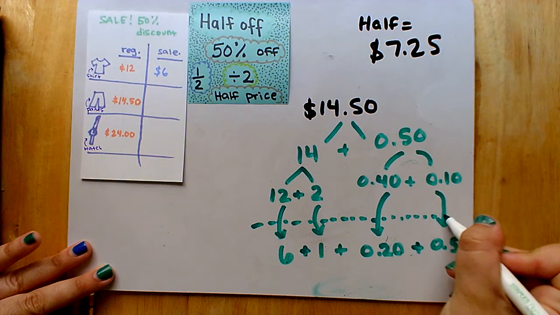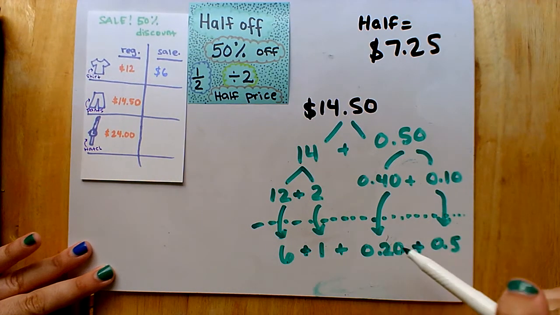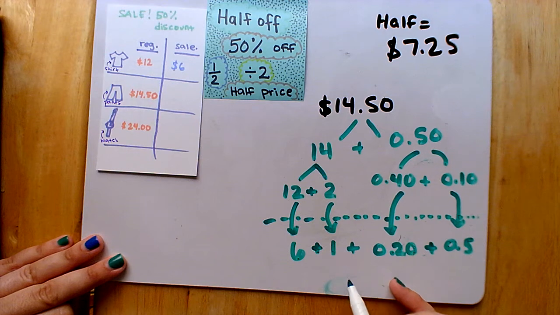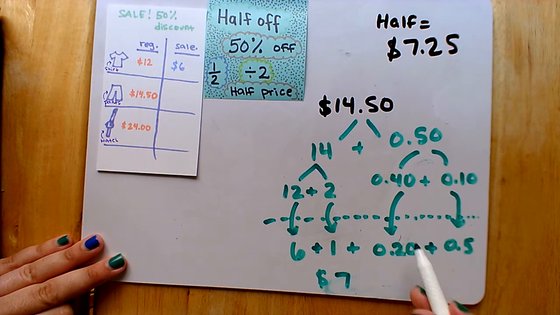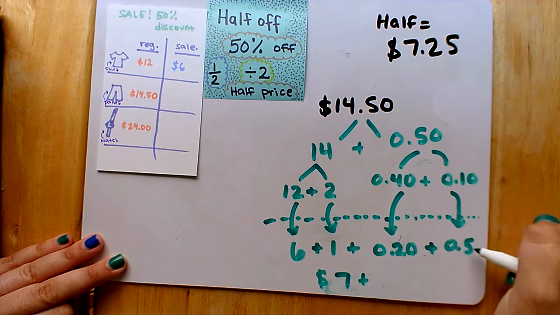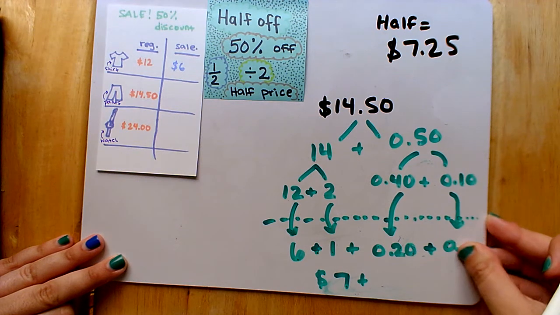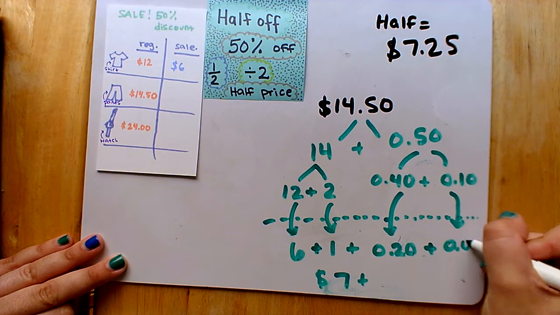If I add them together, my dollars added together gives me 7. My cents added together, 20 cents plus 5 cents. Oh, Miss Camila messed that up. That means 50 cents. That means 5 cents. 1 nickel.